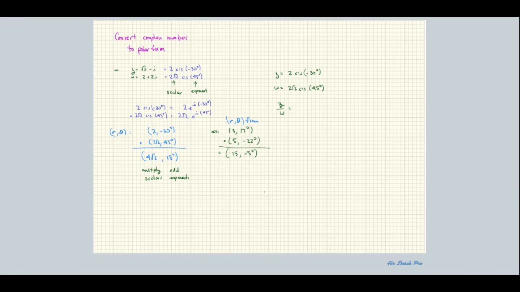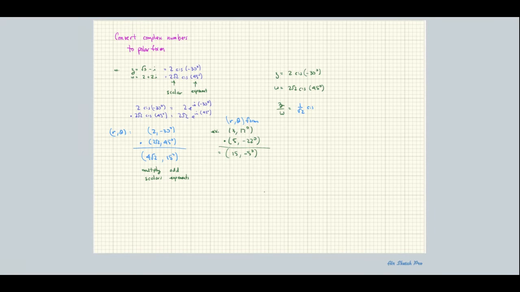That's good. Okay? So, if I multiply the scalars, I get 2 times 2 root 2, right? But now I'm going to divide the scalars. Dividing the scalars gives me 1 over root 2, yeah? Also sometimes written as root 2 over 2, right? But you can see it. That's 2 divided by 2 root 2, right?